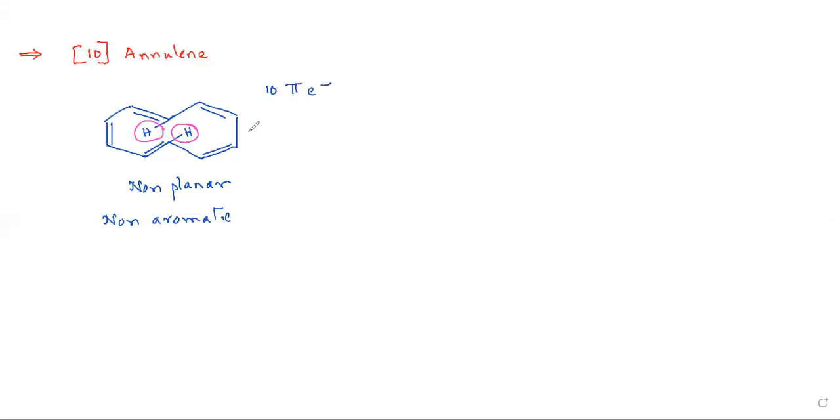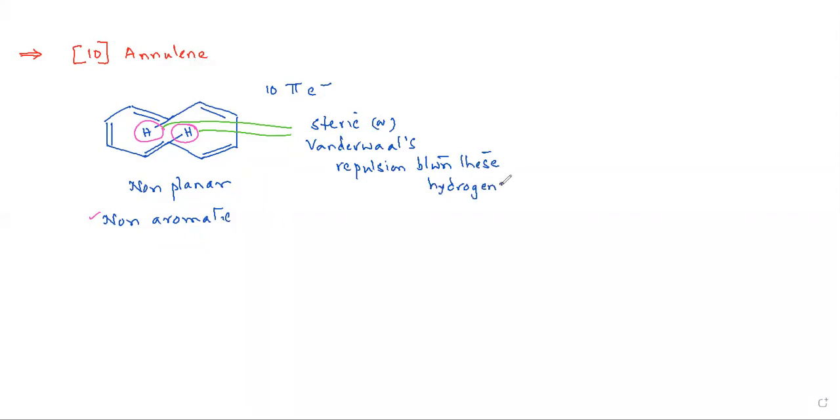It has 10 pi electrons, but still it is non-aromatic. But why? Because of the repulsion. You got steric or van der Waals repulsion, specifically known as transannular repulsion. Very important.